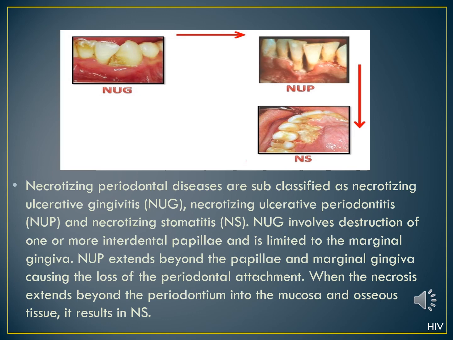So NUG involves destruction of one or more interdental papilla and is limited to the marginal gingiva. NUP extends beyond the papilla and also marginal gingiva, causing the loss of the periodontal attachment. When the necrosis extends beyond the periodontium into the mucosa and osseous tissue, it results in NS, as you can see in the above picture.